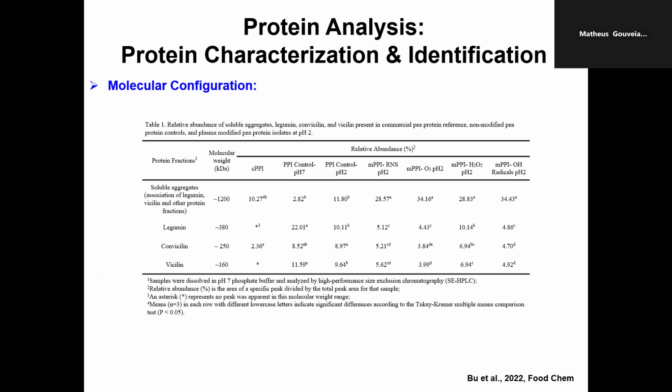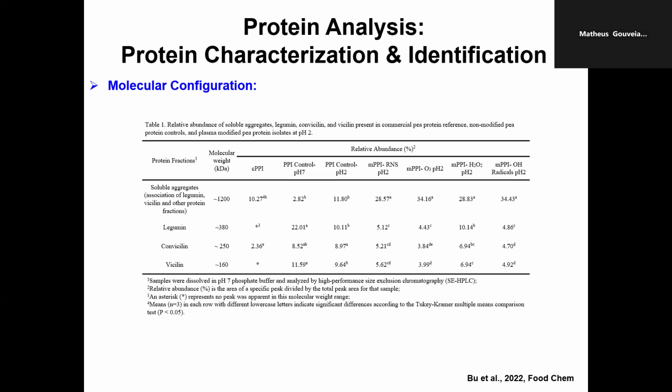So if we look at the commercial pea protein, we hardly see any functional proteins. It's mostly a little bit of soluble aggregate, but a lot was filtered out because of the large aggregates in this commercial sample. Then we have the sample that we produced in the lab, and all of these different samples are treated by plasma species.